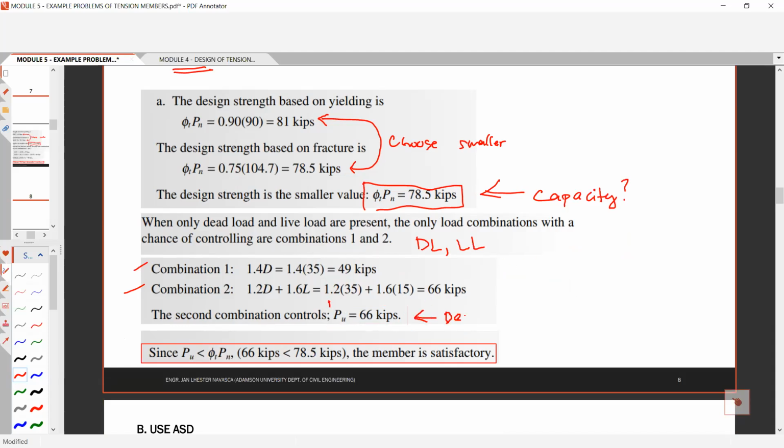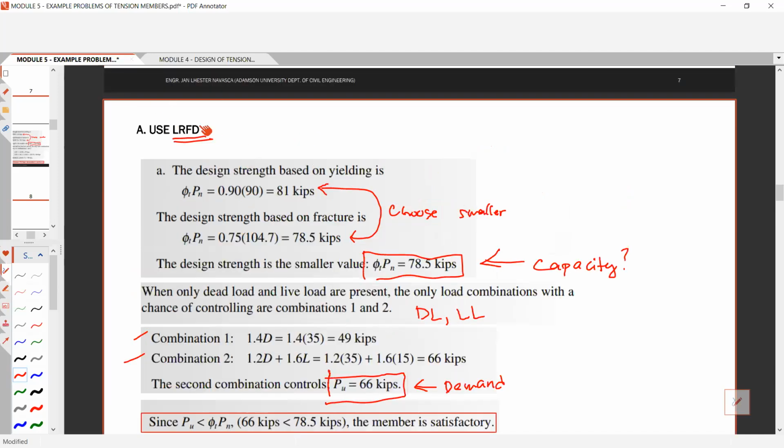Comparing the capacity versus the demand, 78.5 is your capacity compared to the demand that is 66. Therefore, our member is satisfactory based on LRFD.